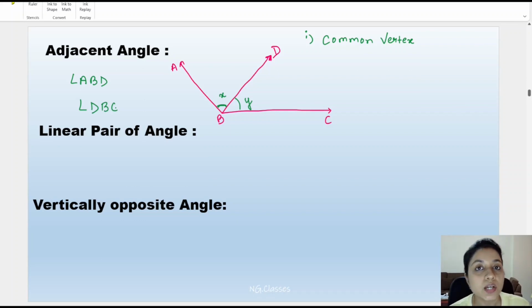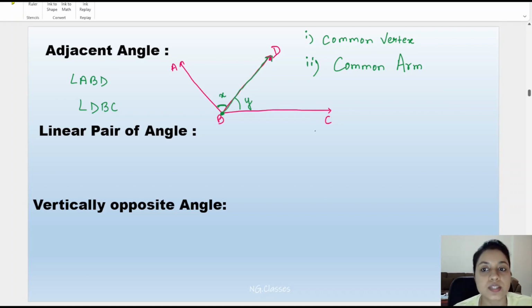We can see clearly in between these two angles there is a common vertex or a common corner point, that is B. The second condition is there must be a common arm as well. Here we can see in between these two angles BD acts like a common arm. Ray BD is a common arm over here.